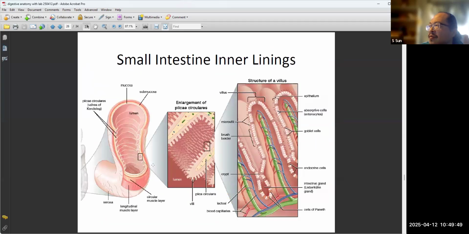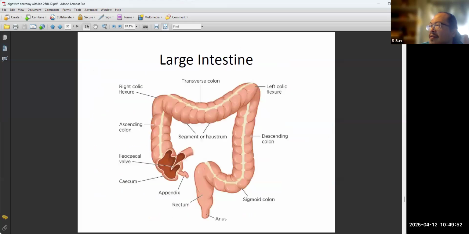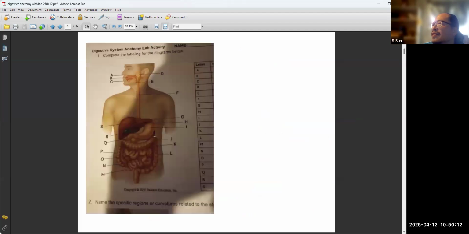So the colon, you start as cecum, and then you have the ascending colon, transverse colon, and then descending colon. So that's those labels. That is the ascending colon, transverse colon, K, and L is the descending colon. And that's all.